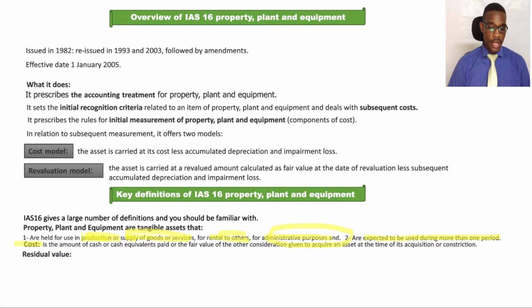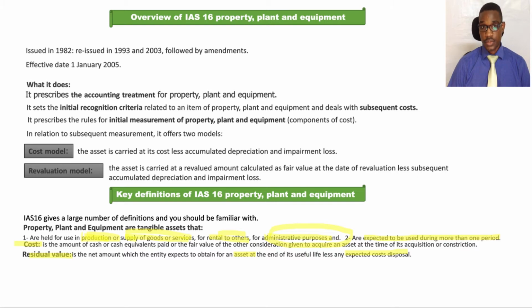And then we need to explain the residual value. What does the residual value mean? Well, the residual value is the net amount which the entity expects to obtain for an asset at the end of its useful life, less any expected disposal cost. As long as these fixed assets or the property, plant, equipment will not last forever, it means it has a useful life, maybe 10 years, 5 years, 12 years, 70 years.